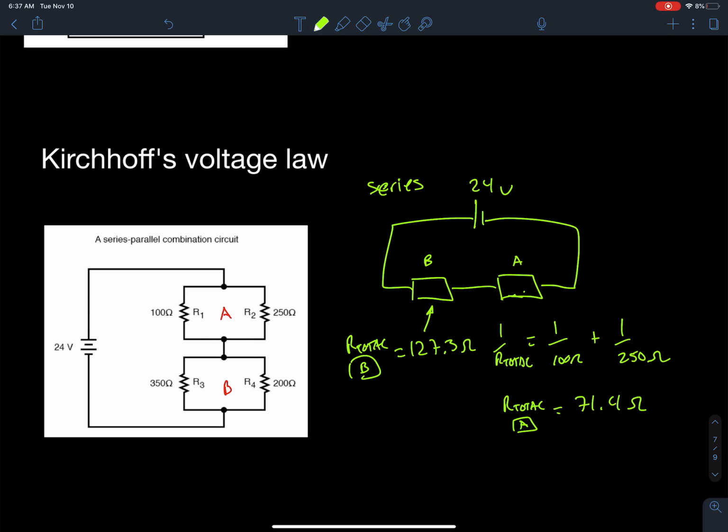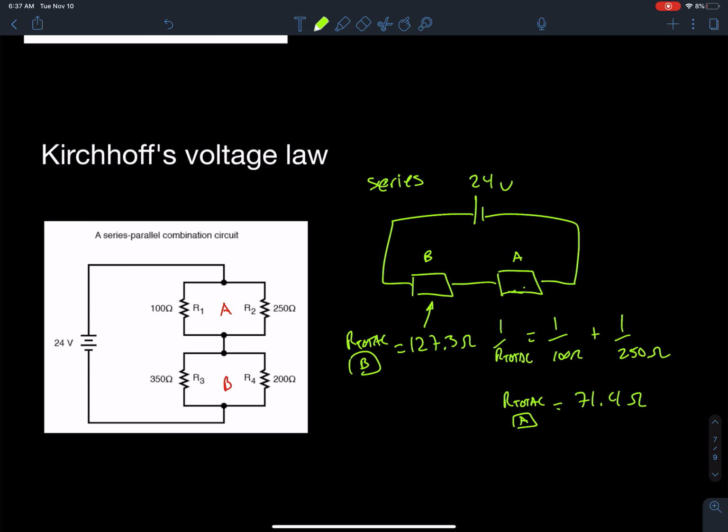All right, then this becomes a lot simpler. Then what's going to happen is, for the potential going across branch B, based on the way I drew this, the voltage drop is going to be related to that resistance, which is more than that resistance.